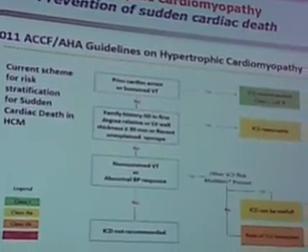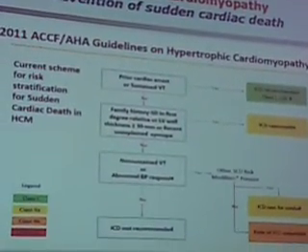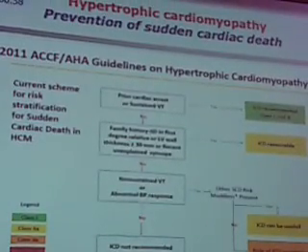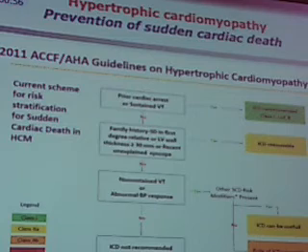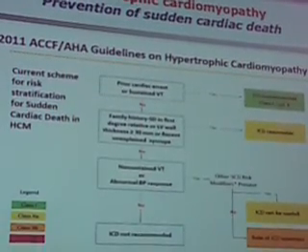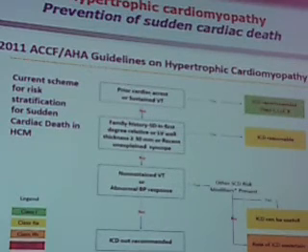Of course, if somebody had a cardiac arrest, they should receive an ICD as a secondary prevention. If somebody has a family history of sudden cardiac death, it was a strong indication to receive an ICD. If somebody has had non-sustained VT or abnormal blood pressure response, we had to judge about the ICD.